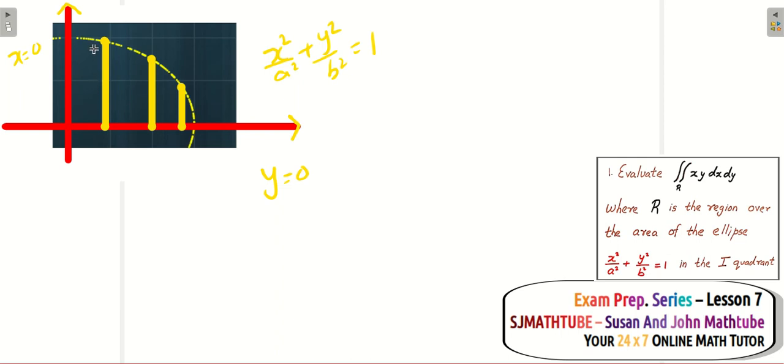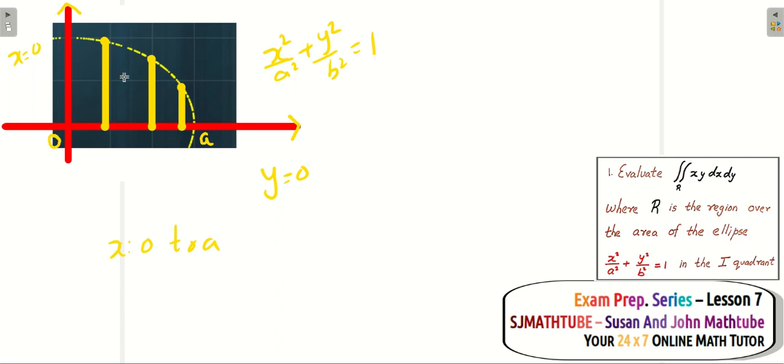Now look at this. This stripe is parallel to the y-axis, and that means y will have variable limits and x will have constant limits. Here the x value is 0, and here the x value is a. So clearly x varies from 0 to a.